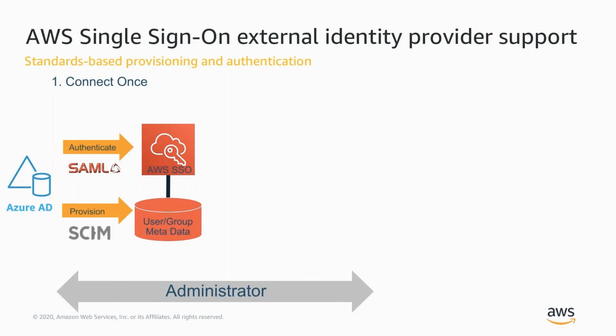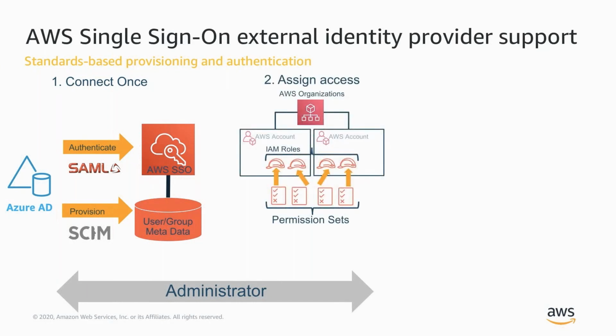Now, once we have the users and groups in AWS SSO Identity Store, we can go on to assign access to users to AWS accounts and use permission sets as policy templates for the roles that will be automatically created in the corresponding accounts. And it also creates an identity provider trusting AWS SSO in that account and configures the role's trust policy to trust AWS SSO. We can also go and assign other applications, business applications, to users.